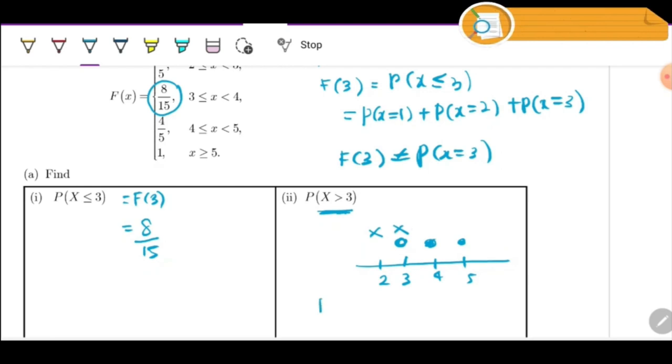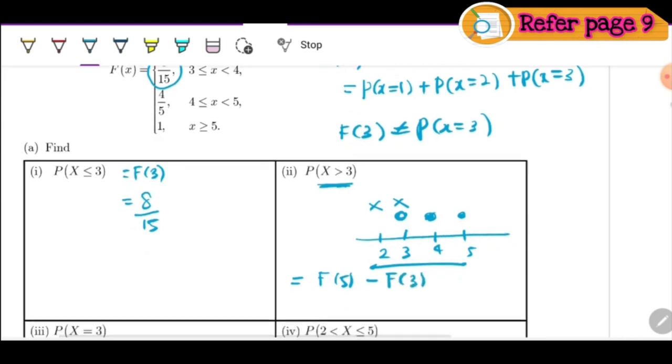So we start from F of 5, and then minus x equals 2 and x equals 3, which is F of 3. So from the function, F of 5 is equal to 1 and F of 3 is 8 over 15. And the answer is 7 over 15.